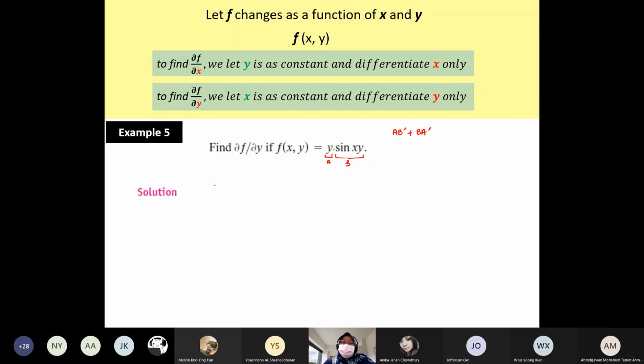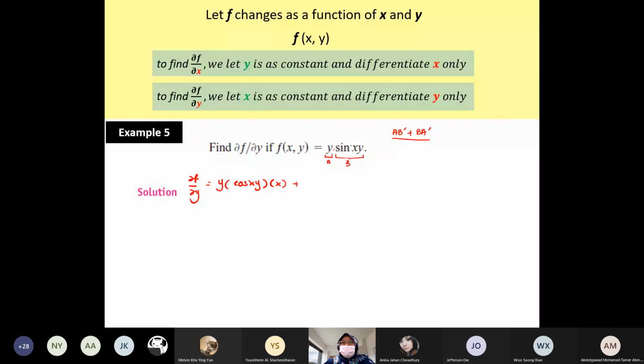So here, let's say you want to find df over dy. A, write down everything here. So A is y, differentiate B. Differentiate sine xy. So what do you get? Cosine xy, multiplied by differentiate xy, right? So differentiating xy with respect to y, you have x.